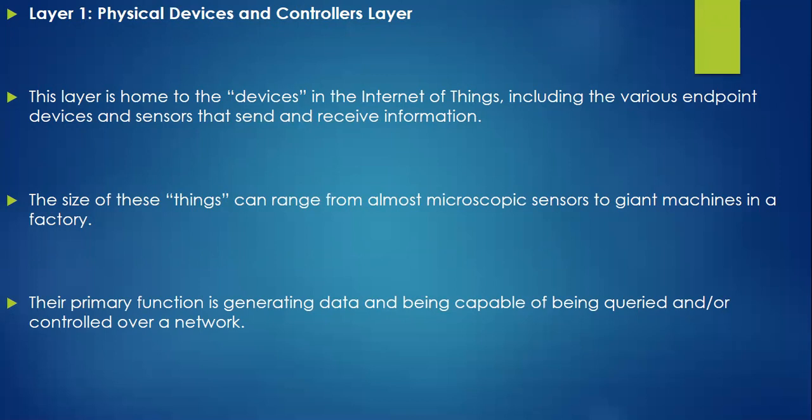The main job of this physical device is to collect the information, and later, if the application layer wants to control them or take some action, they should be controlled over a network. These are the two different jobs. Imagine we have a room with an AC. If the temperature goes above 25 or 30 degrees, then automatically the AC should turn on.